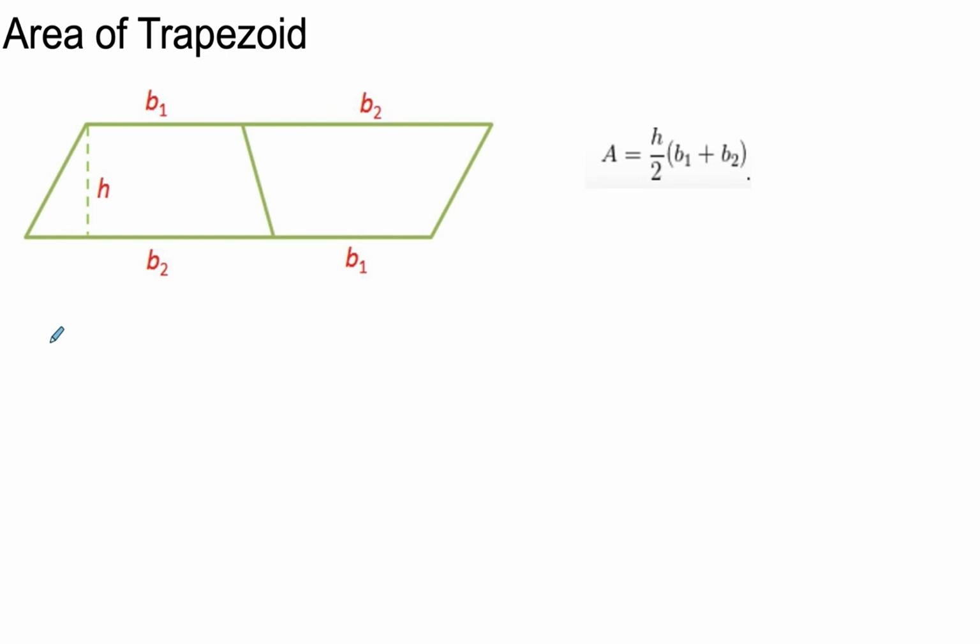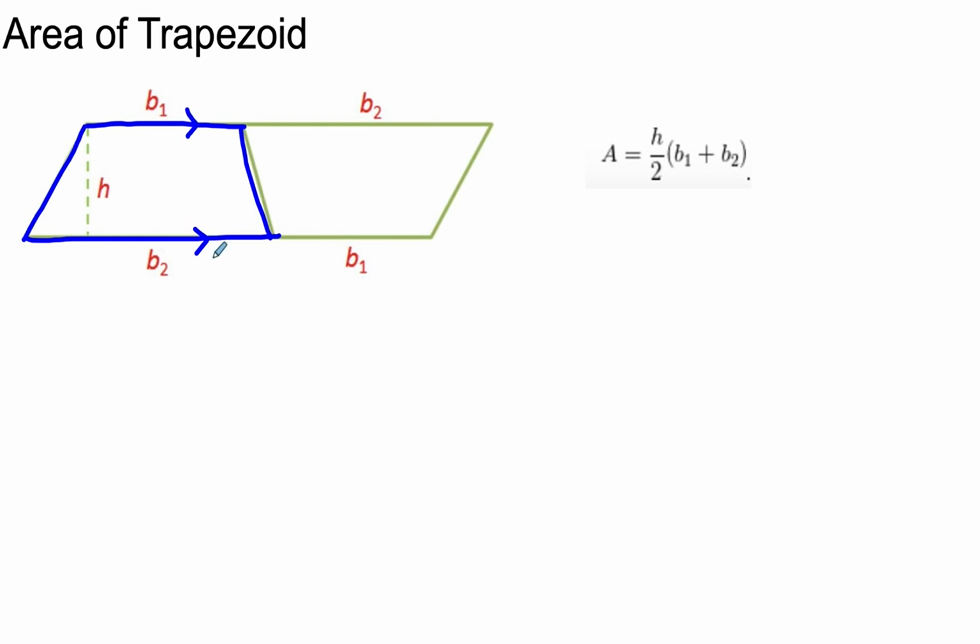Okay, so a trapezoid is a quadrilateral again, and the definition of a trapezoid is at least one pair of opposite sides are parallel. Okay, so for this trapezoid, I want you to pay attention to one trapezoid. You can see that this side and that side are not congruent, but they are parallel.